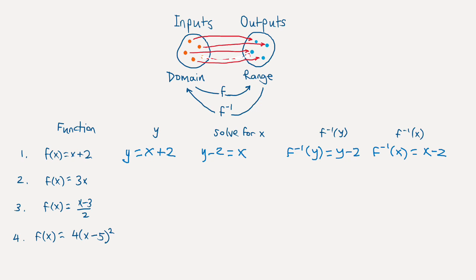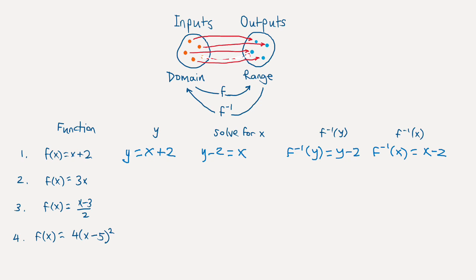So the inverse function to f of x equals x plus 2 is f inverse of x equals x minus 2. Not really surprising: the original function we added 2, the inverse function we subtract 2. Let's go through those steps for a couple more examples.